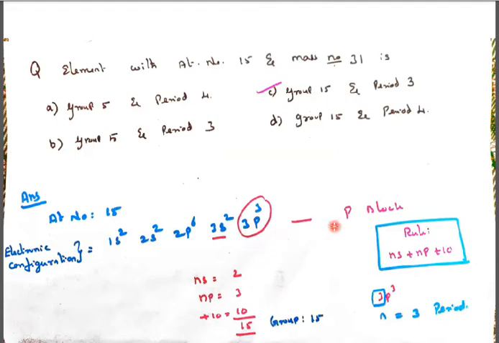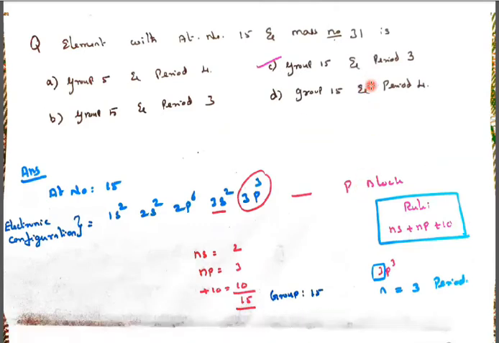Also, the rule for the p block is ns plus np plus 10. The last shell s carries 2 electrons, the last shell p orbital carries 3, and add 10. So 2 plus 3 plus 10 gives 15. So the group number is 15 and the period number is 3.